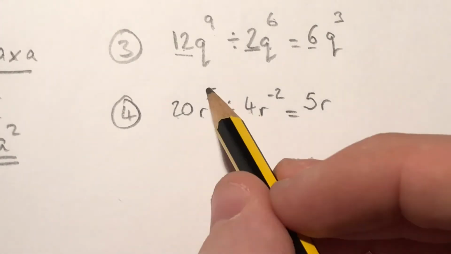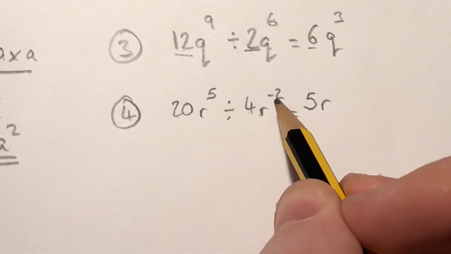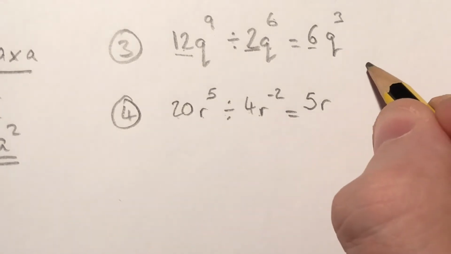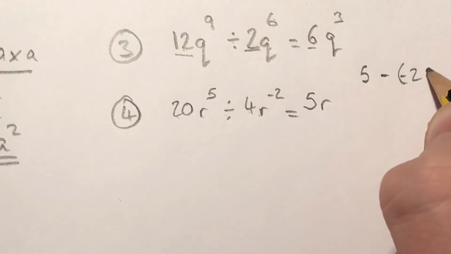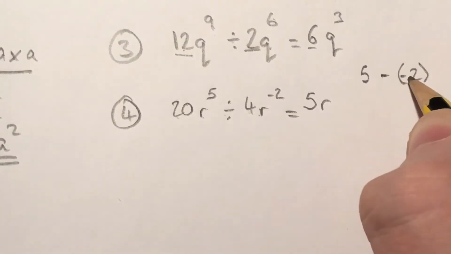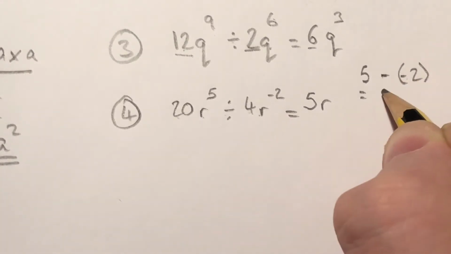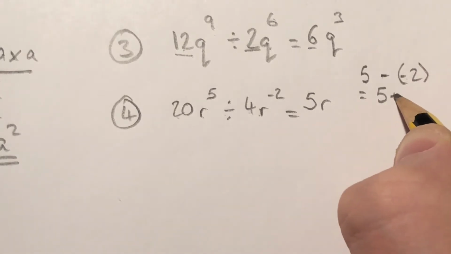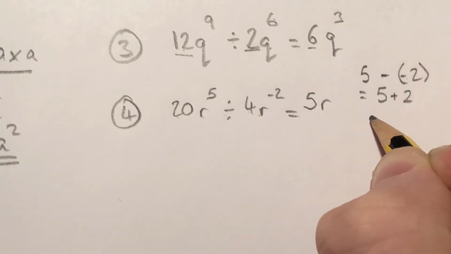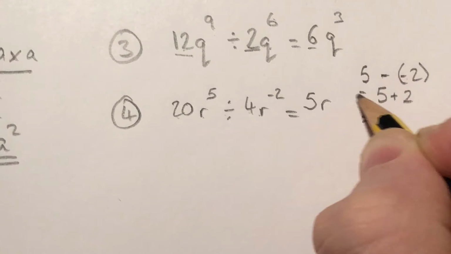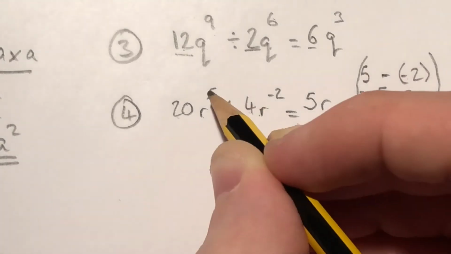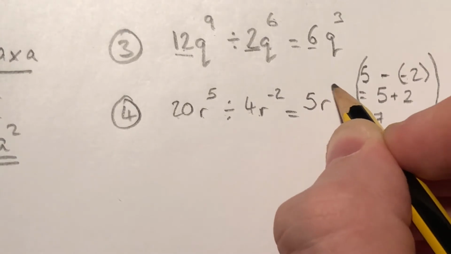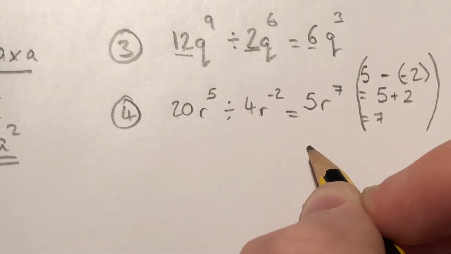Now, this is where it gets a bit trickier. 5 take away negative 2. Just a little recap then. 5 minus negative 2. Well, if you subtract a negative number, that's the same as adding it back on. So it's 5 plus 2, which gives us 7. Okay, just put it to one side. So this 5 take away minus 2 gives us 7.